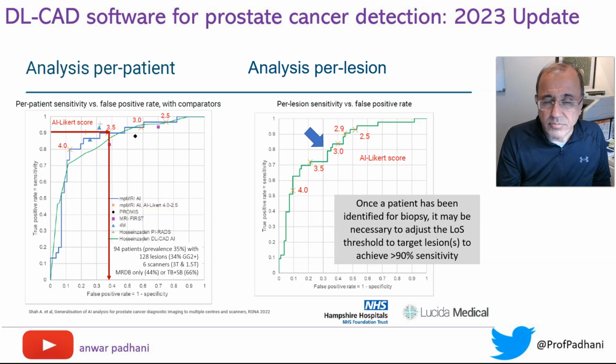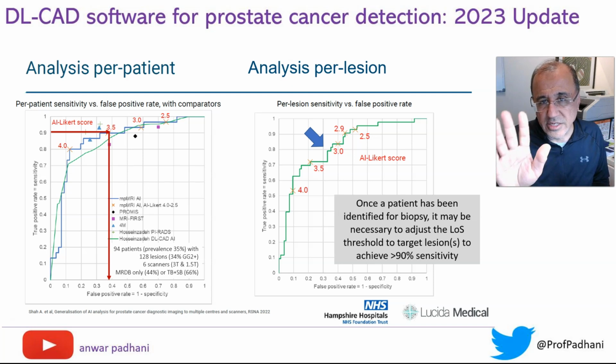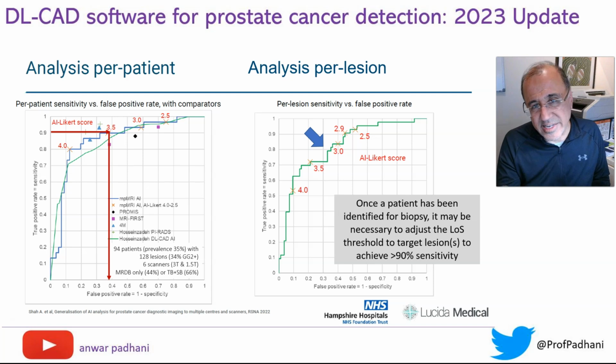Now, when you look at the ROC curves at a patient level and at a lesion level, you invariably see this pattern. The ROC curve at the patient level is to the top and on the left. At a lesion level, it tends to be towards the right. So in other words, the patient level performance is better than the lesion level performance.